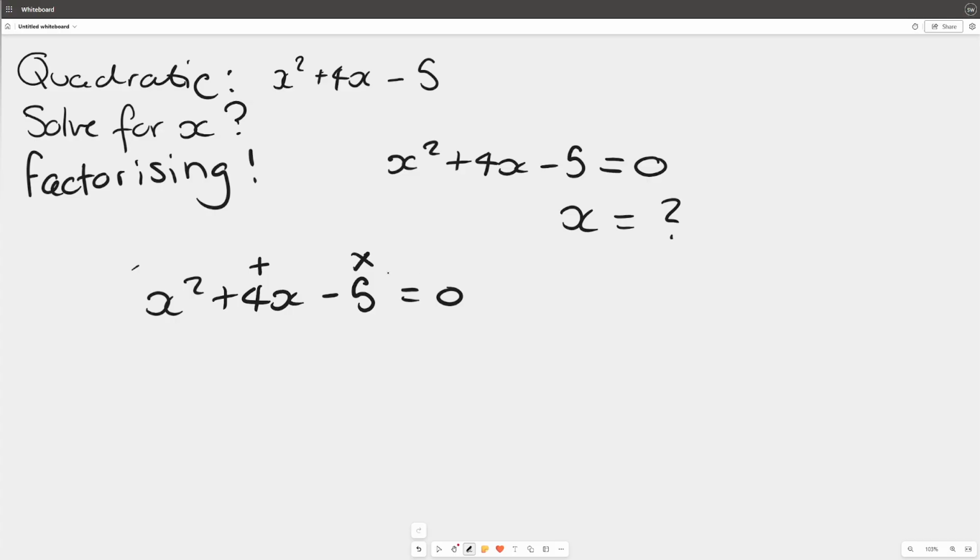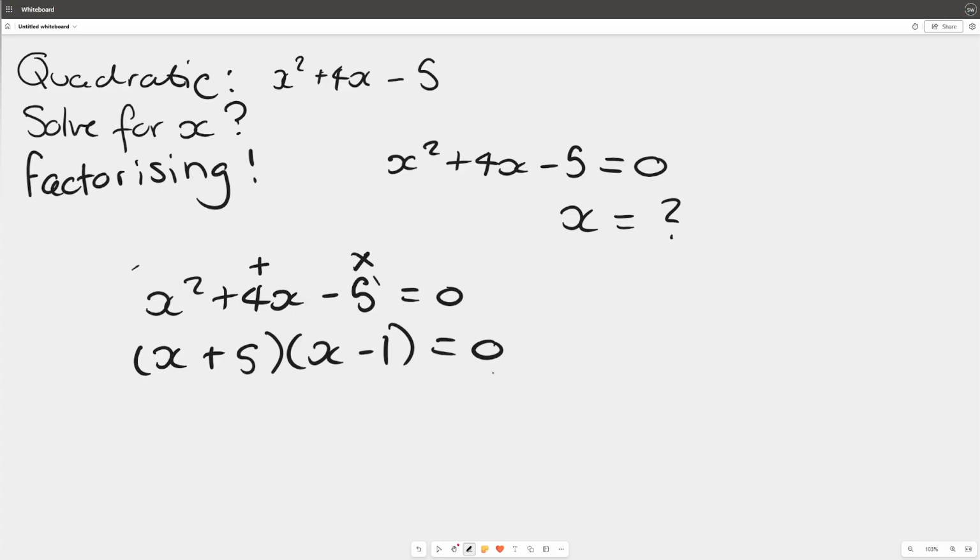I wonder what two numbers those are. So I'll give you a second. Those are 5 and minus 1. So x plus 5 times x minus 1 will equal 0. And that is the factorisation for this quadratic, as when you expand this, you are left with this expression in the end.